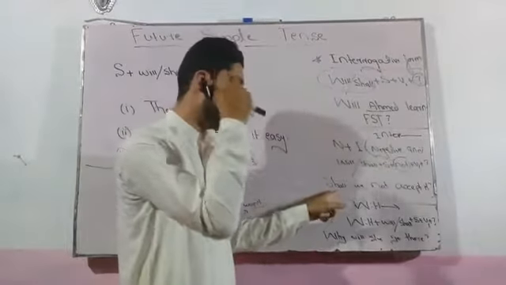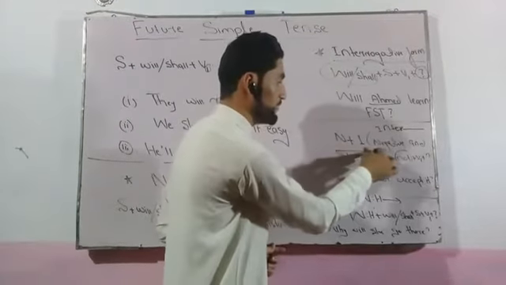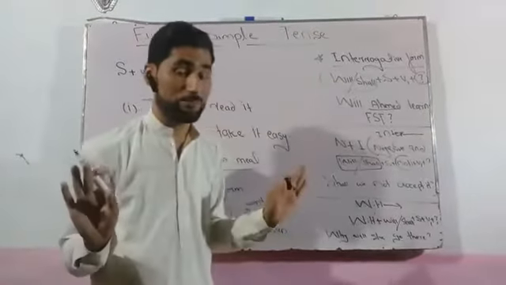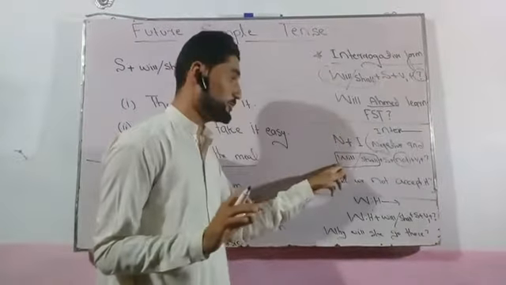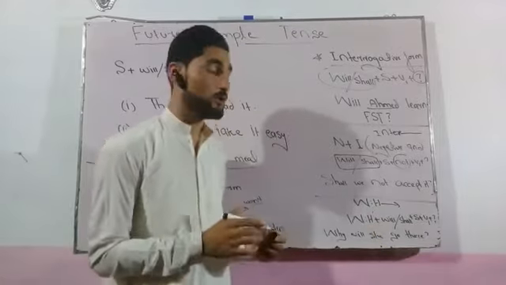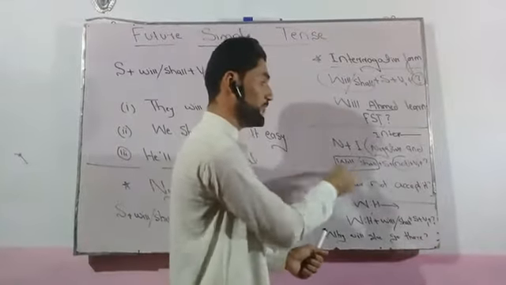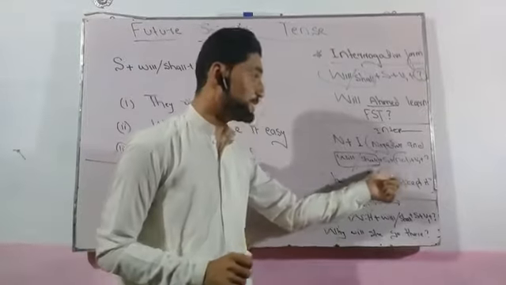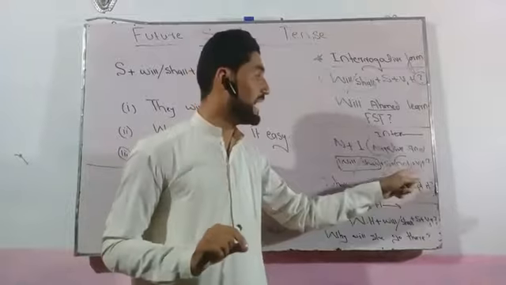Let's understand this with the help of this format. You have to start with an auxiliary verb, will or shall, but it depends upon the subject. First you look at the subject, then you use will or shall. The sentence starts with the helping verb will or shall, then the subject, then "not" after the subject and before the main verb, and then the main verb.